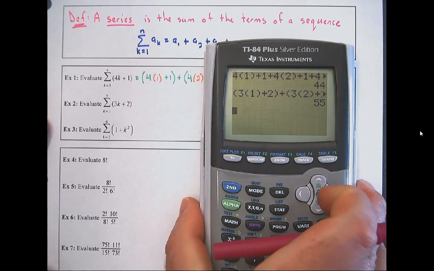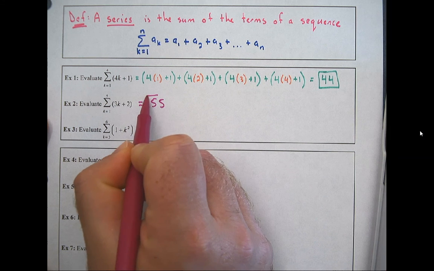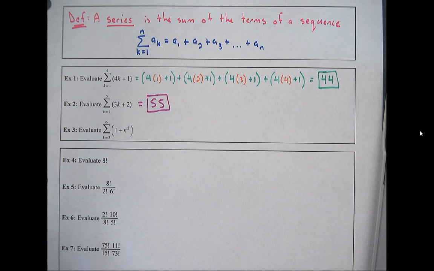You should have got 55. Pause, try the next one. Be careful though, it's a little bit sneaky. Be ready for it.